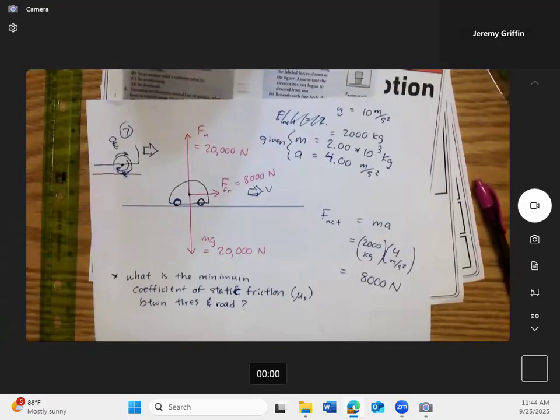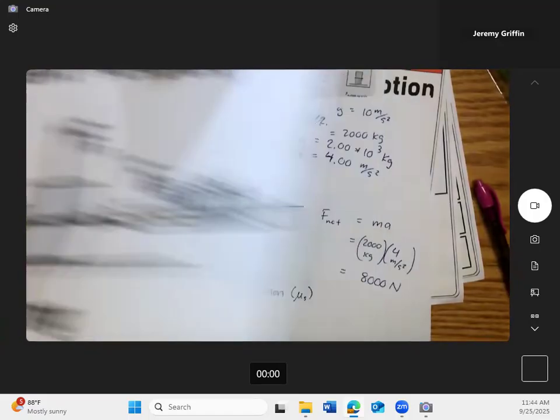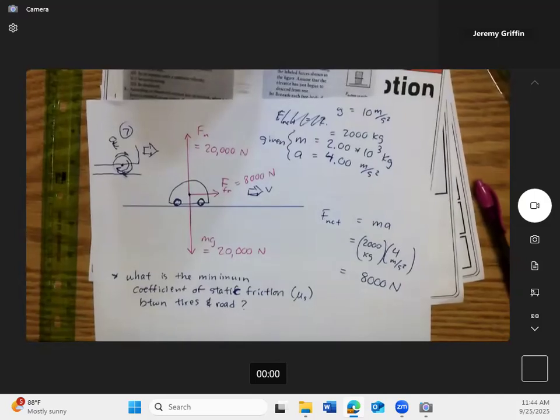Who figured it out? Okay, I'll walk you through. Minimum coefficient of static friction.